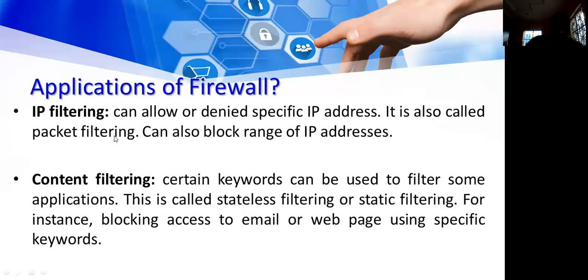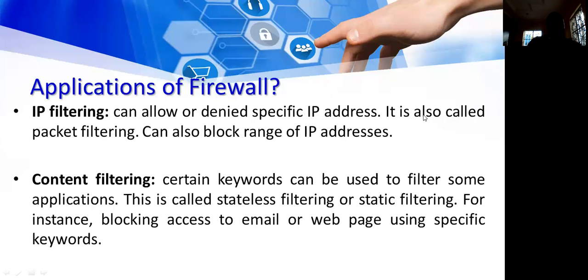So each system has its own IP. So if you have an IP attached to a system, you could say that this particular IP, I want you to block it, or I want you to allow this particular IP address. So you can configure your firewall to do something like that.